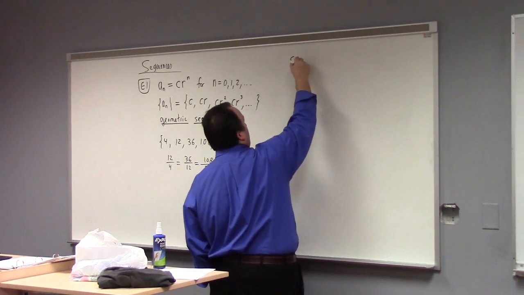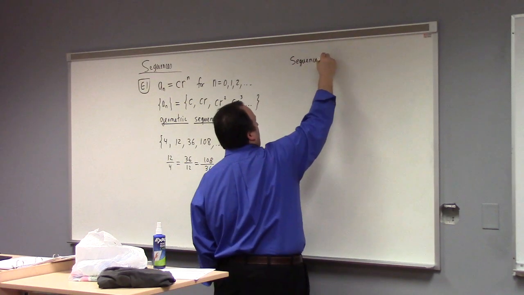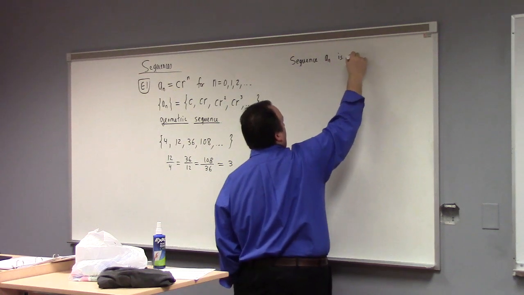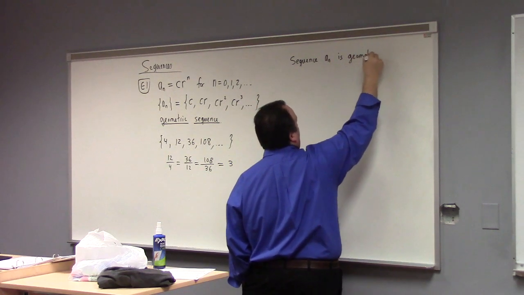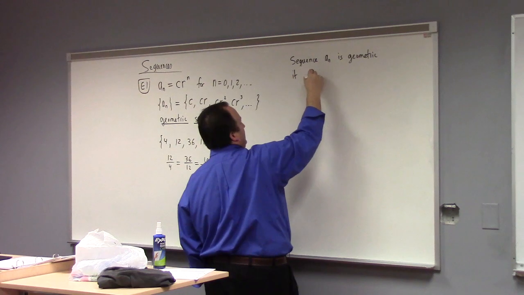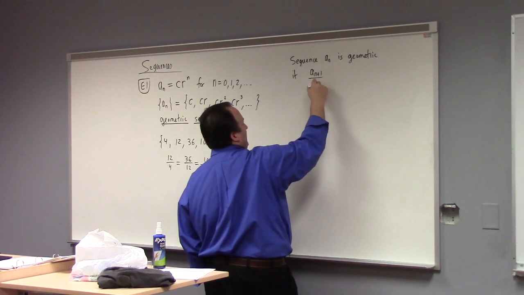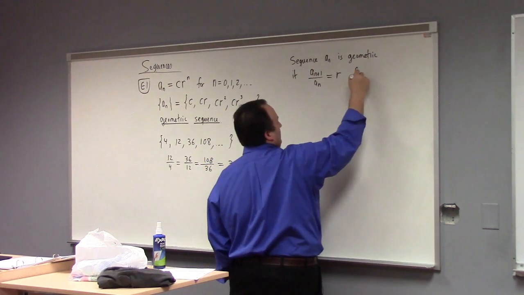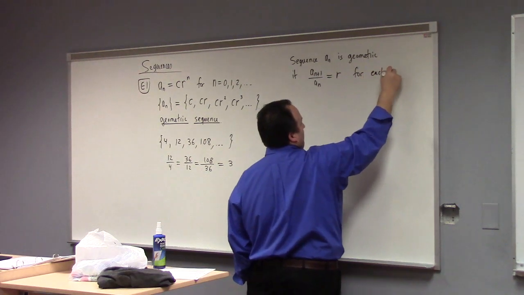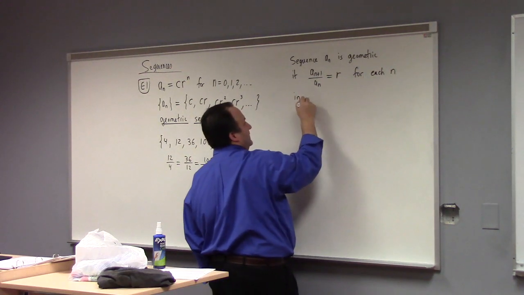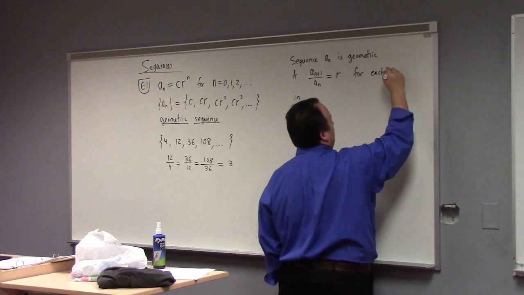A sequence is geometric if what? All ratios are the same. Yeah, exactly. If a sub n plus 1 divided by a sub n is equal to r for each index n in the sequence.